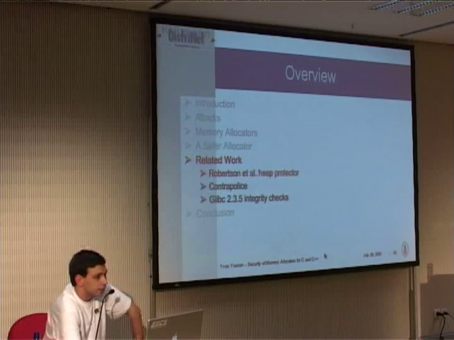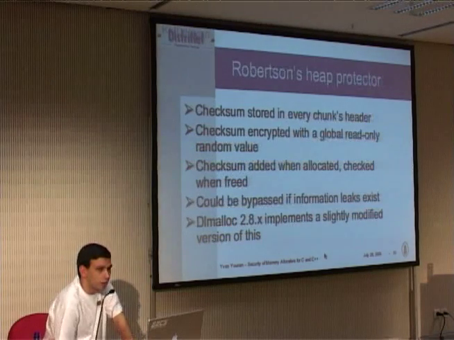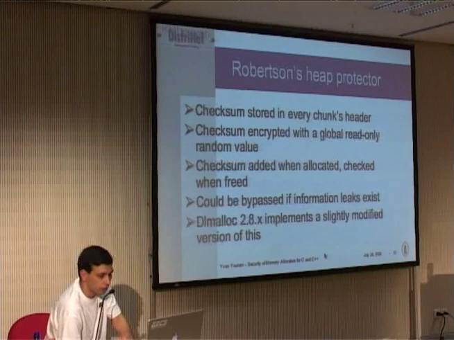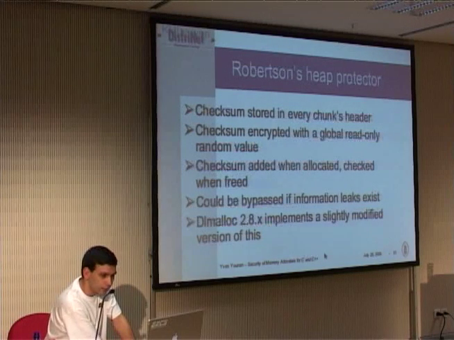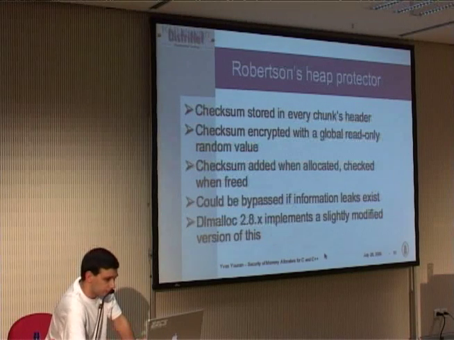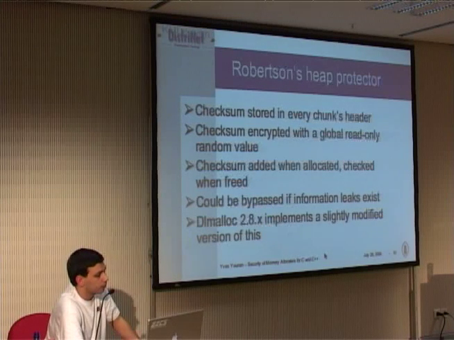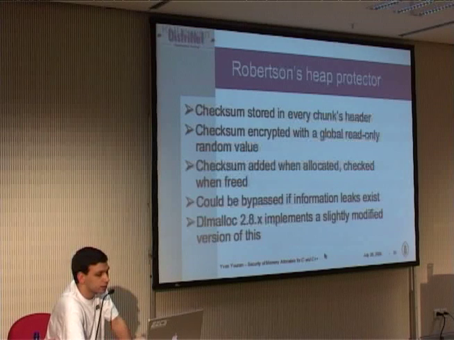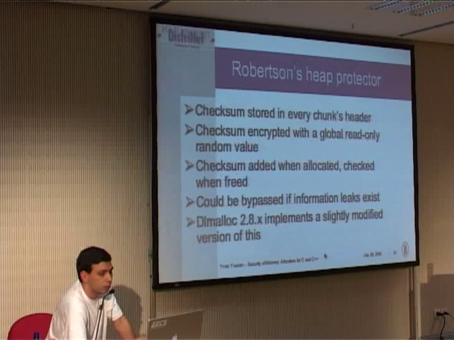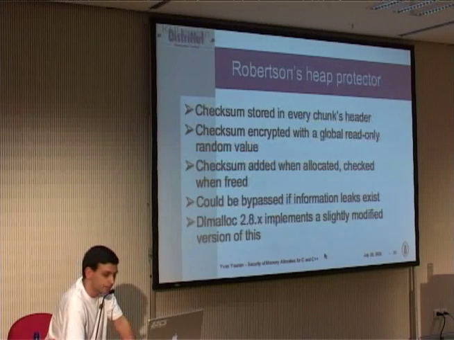So let's discuss related work. Robertson and a bunch of other people designed a heap protector. This protector stores a checksum in every chunk's header and encrypts this checksum with a global read-only random value.